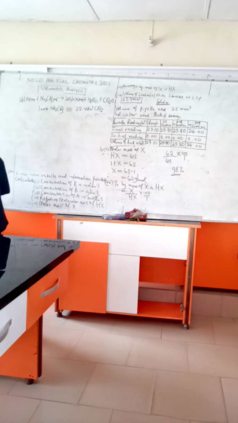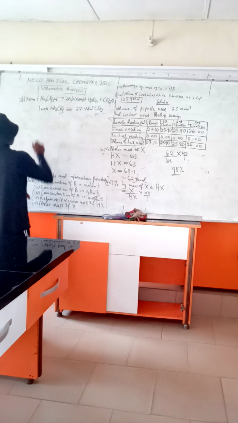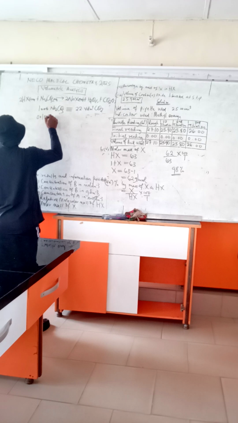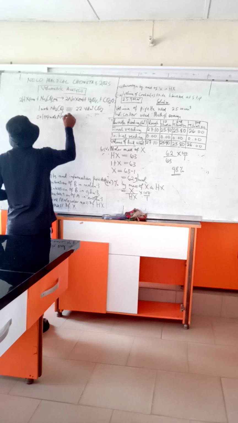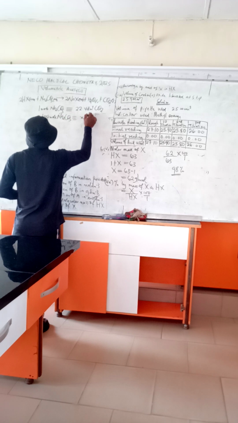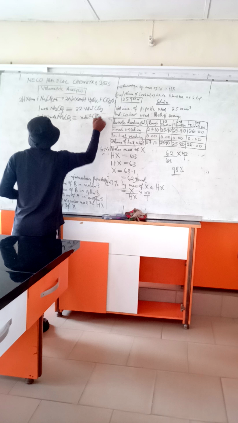The Cb there is calculated. Recall it was calculated to be what? 0.104 mole of the same Na2CO3 will now be equivalent to X dm cubed CO2.